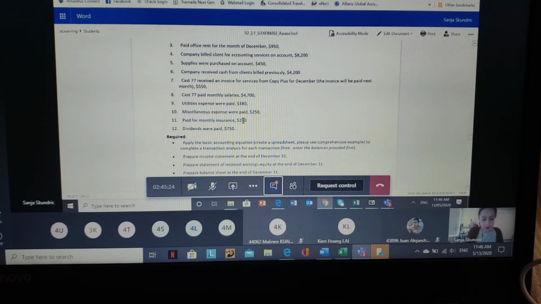We've paid 250 for other expenses. We've paid 380 and we've paid 4,700 for salaries. Now, what else have we done? I would say that my assets should be at 48,420.